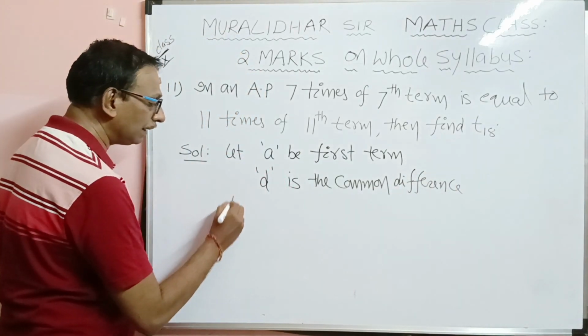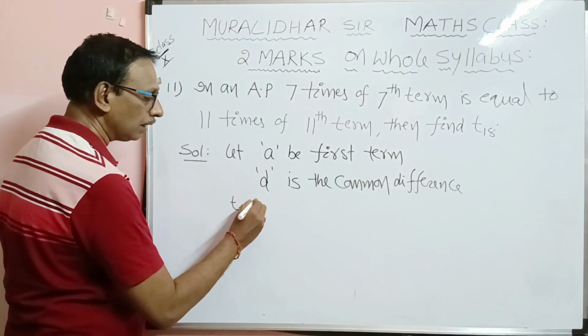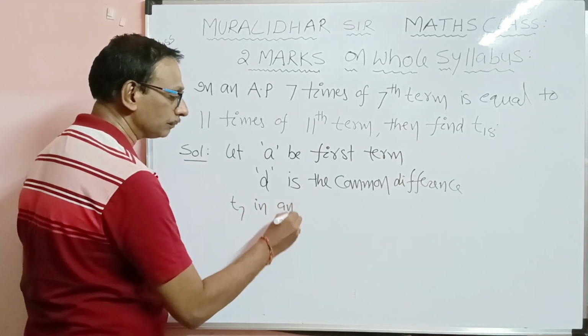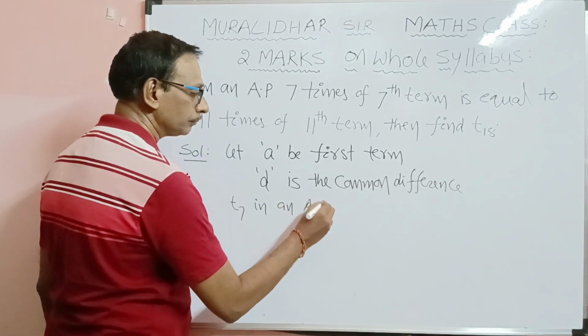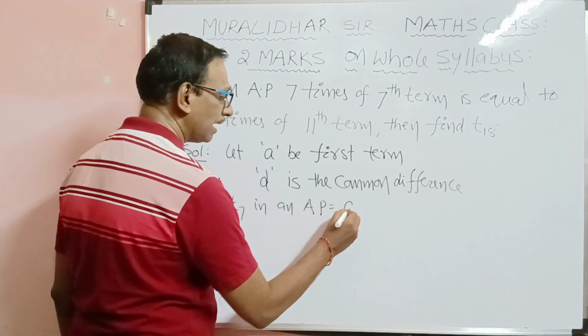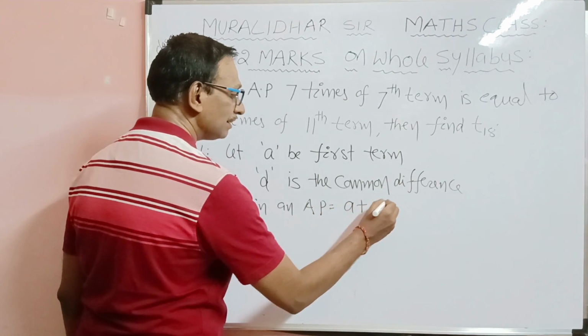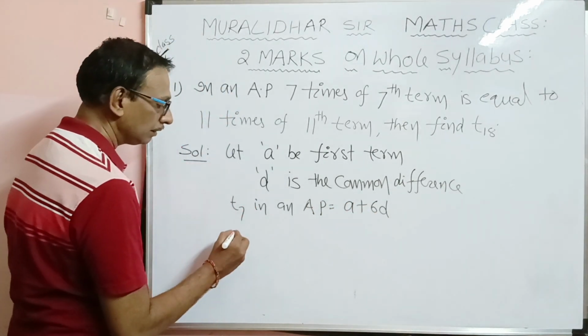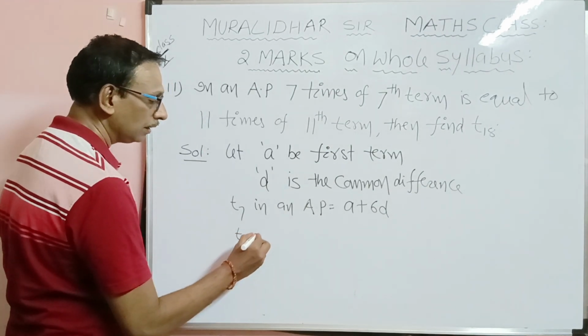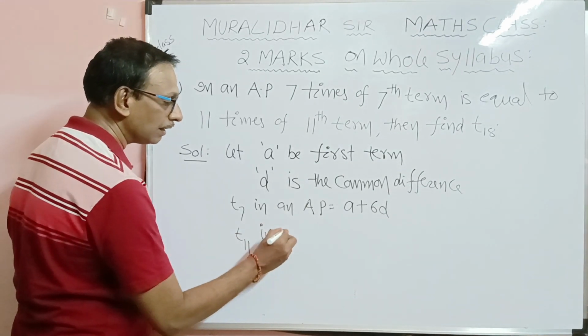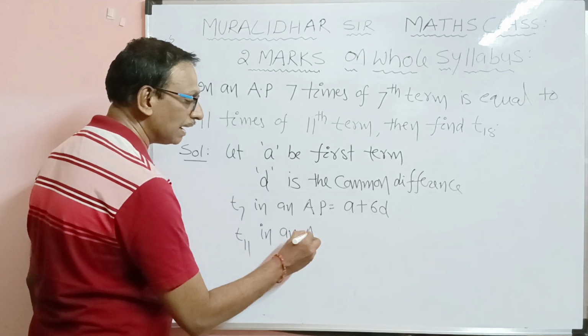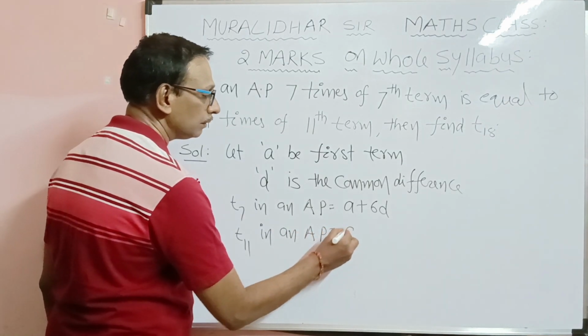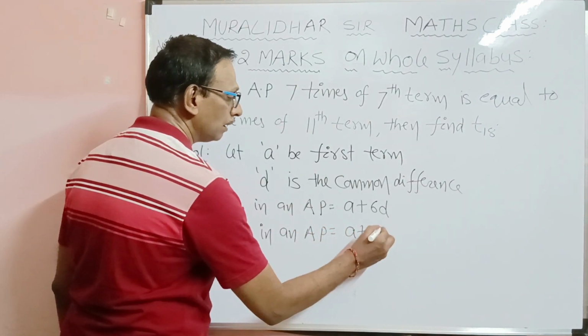Now we calculate T7 in an AP, that is a plus 6d. Similarly, T11 in an AP, that is a plus 10d.